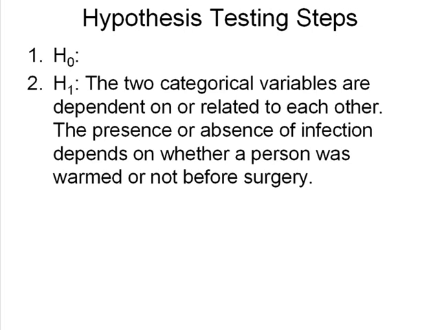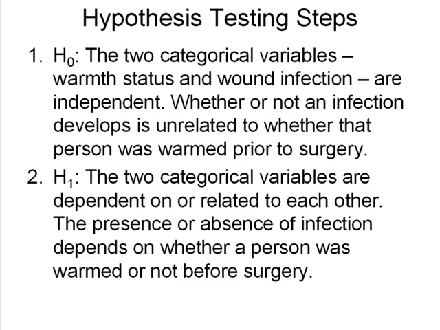Now let's fill in the opposite of that, which is our null hypothesis, which is step 1. Step 1: the H0 is that the 2 categorical variables, warmth status and wound infection, are independent. Whether or not an infection develops is unrelated to whether that person was warmed prior to surgery.